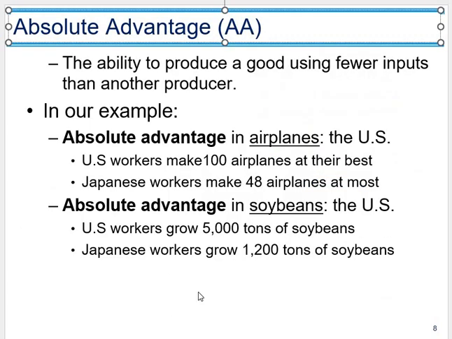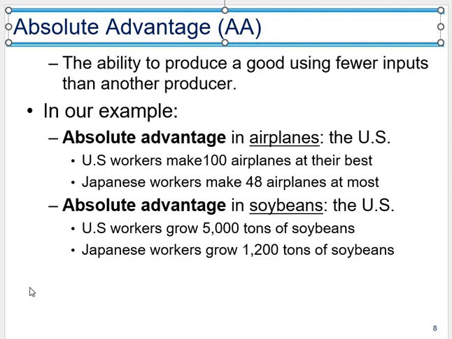Another term that is very important when we are trying to understand how trade works is called absolute advantage. It describes the ability to produce something using fewer inputs than other producers. So what does that mean? Let's take a look at our US and Japan example.